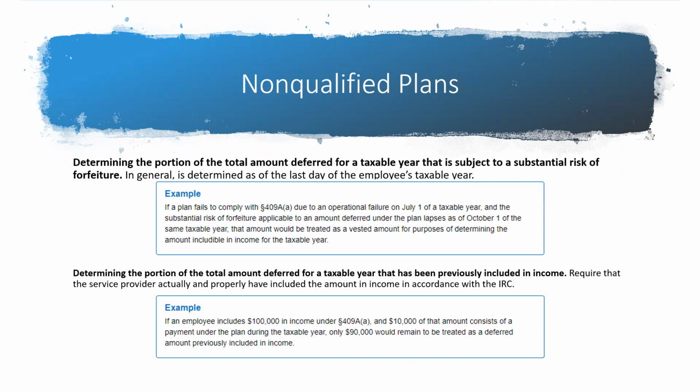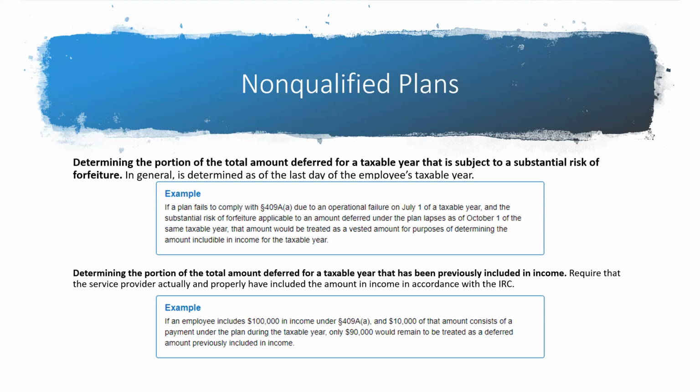Determining the portion of the total amount deferred for a taxable year that is subject to a substantial risk of forfeiture: those regulations provide that the portion of the total amount deferred for a taxable year that is subject to that risk of forfeiture, or not vested, is determined as of the last day of the employee's taxable year.